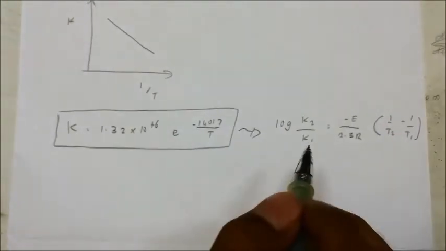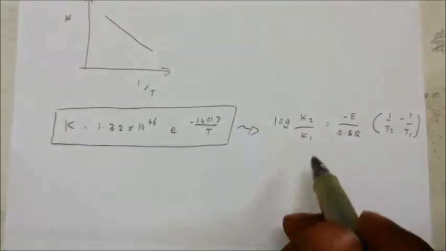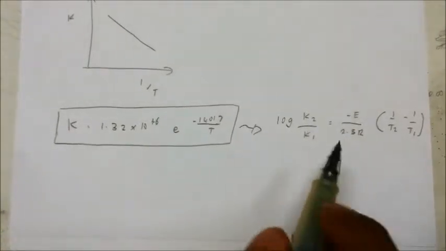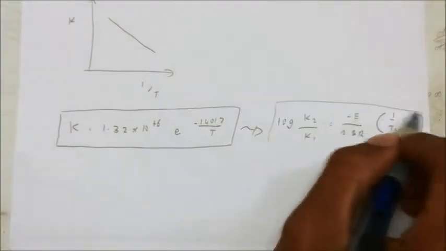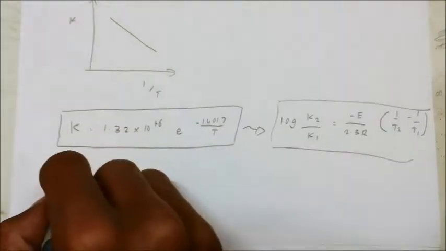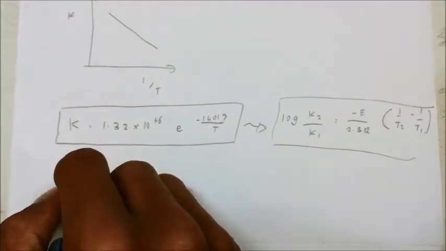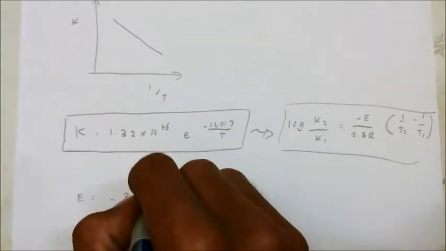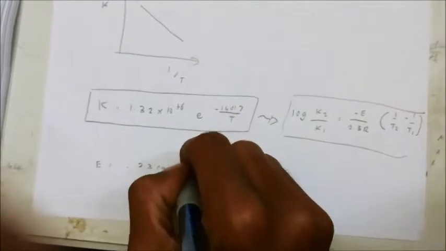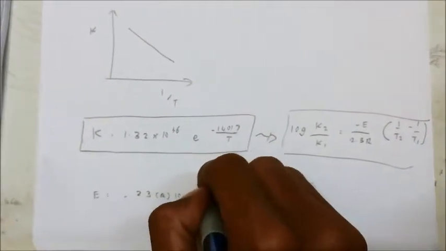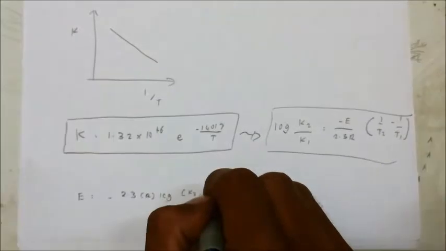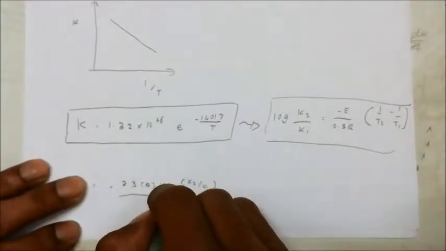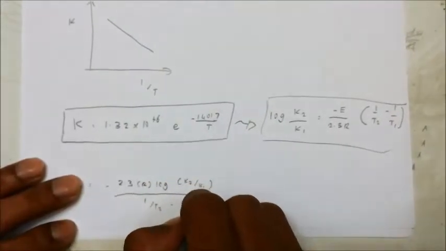In the CD of the textbook you can obtain the solution of the rearrangement. After you get this form, you make E the subject, and you get E equal to negative 2.3 R log k2 over k1 over 1 over T2 minus 1 over T1.